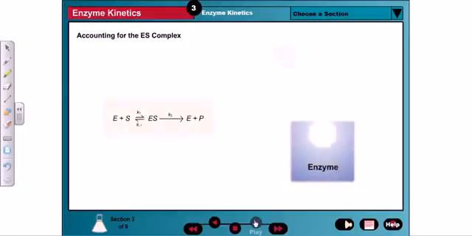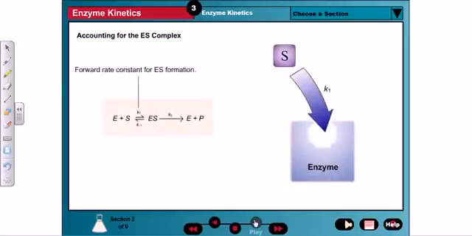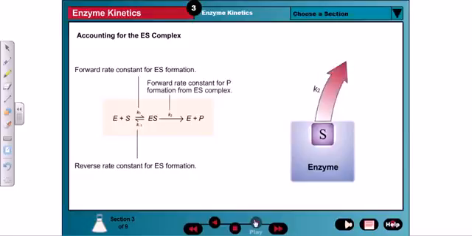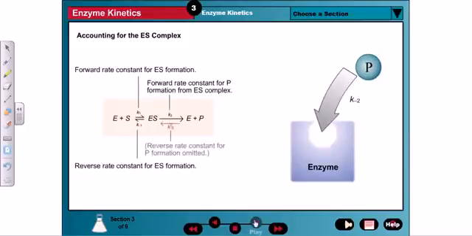The rate constants k1 and k-1 are the forward and reverse rate constants for the formation of the ES complex, and k2 is the rate at which the ES complex converts the bound substrate into product. Notice that in order to simplify this model, we assume that the product formation step is irreversible, that is, there is no k-2.